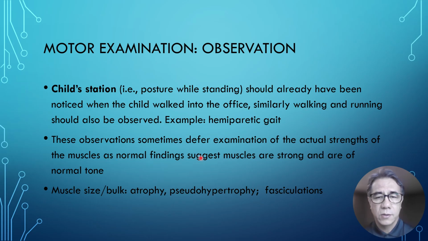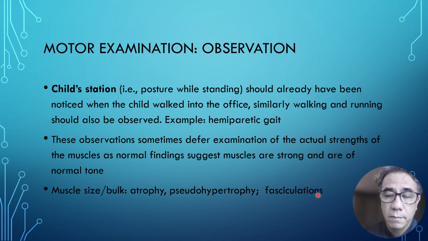And these observations sometimes defer examination of the actual strength of the muscles, especially in the very young patients. But if there is atrophy or pseudohypertrophy that requires more than just observation, palpation, but fasciculations can be either observed or even triggered, but these are seen just by observation.